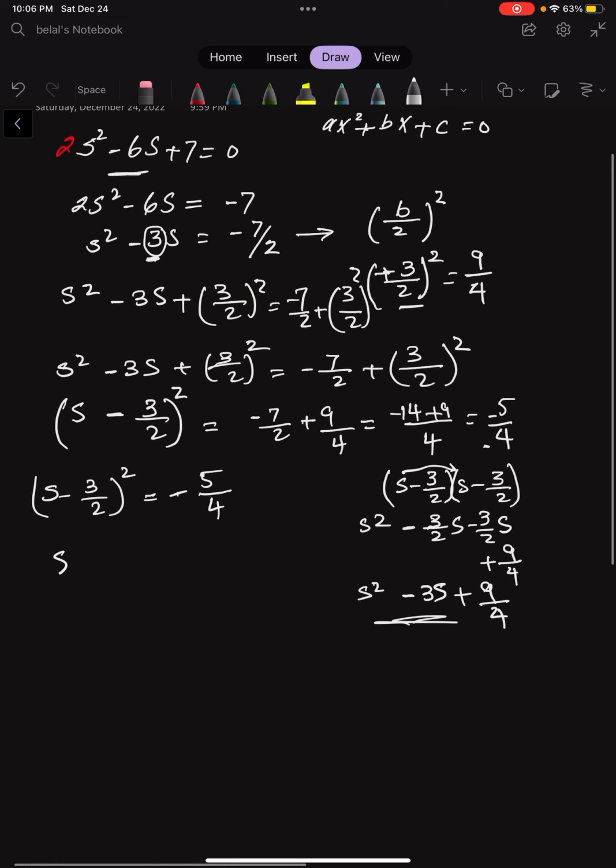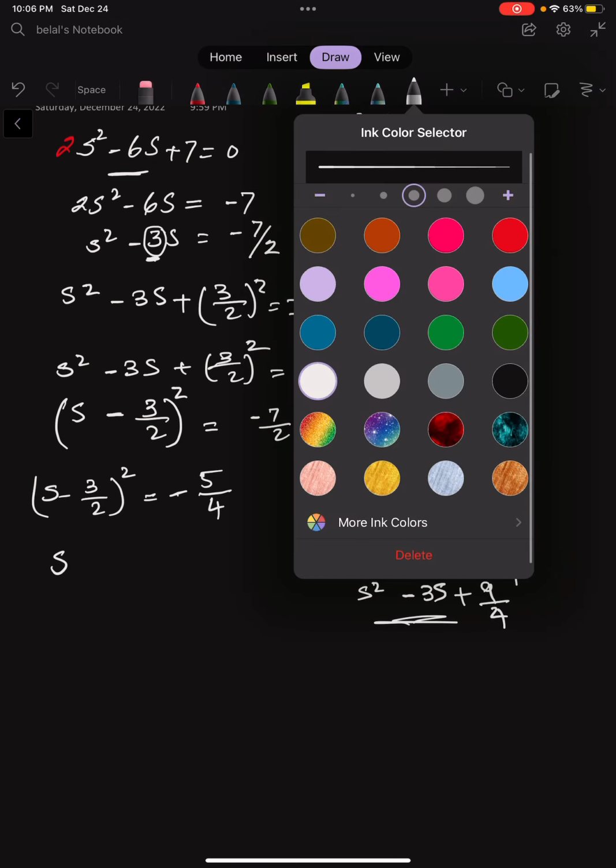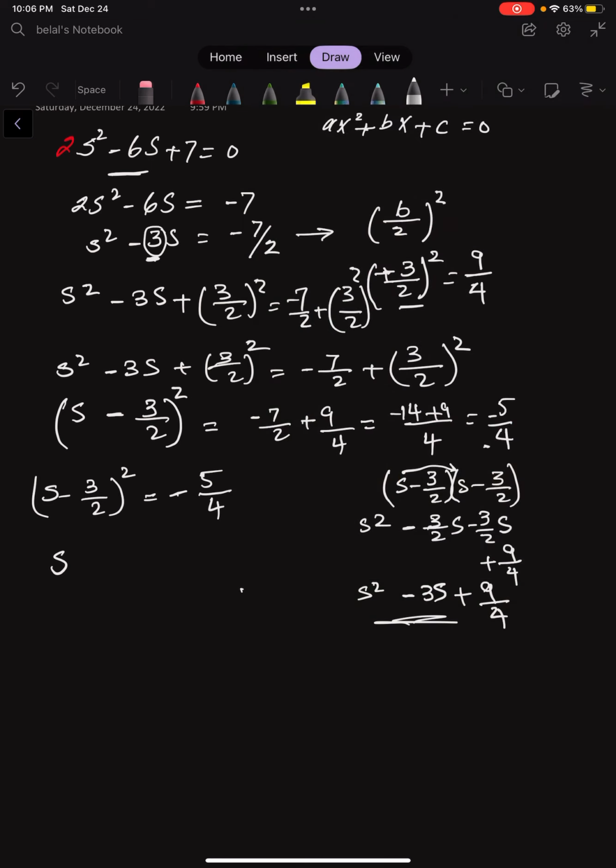So s minus 3 over 2 will be equal to plus or minus the square root of minus 5 over 4.